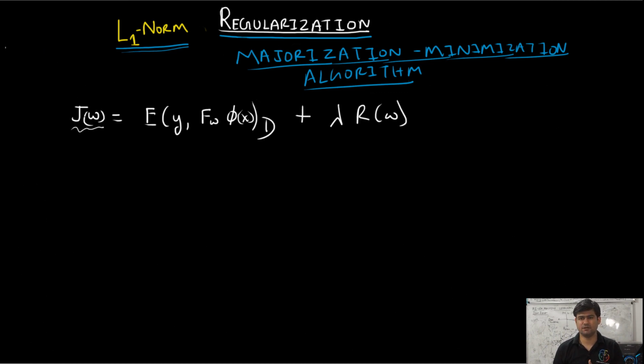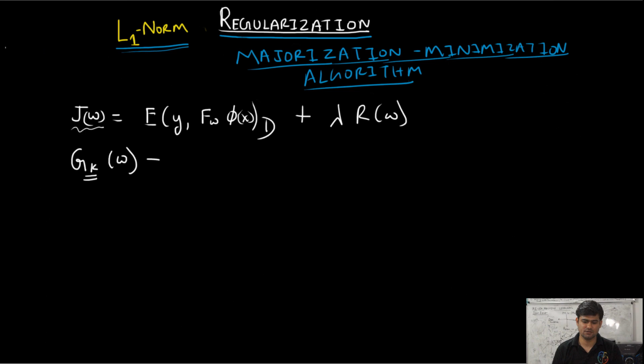So in majorization minimization, we replace this loss function with a function gk at the kth iteration of the algorithm. It's a function of W, and we discussed that this gk should satisfy two properties.